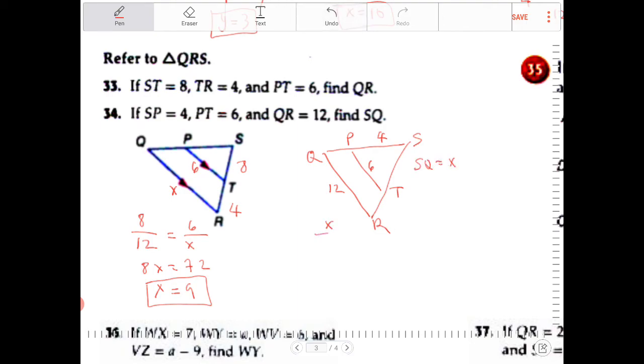So I can say x over 4 is equal to 12 over 6. Right? The overall length divided by 4 is to 12 divided by 6. So what will x equal? Let's cross multiply. 48 divided by 6 is 8.